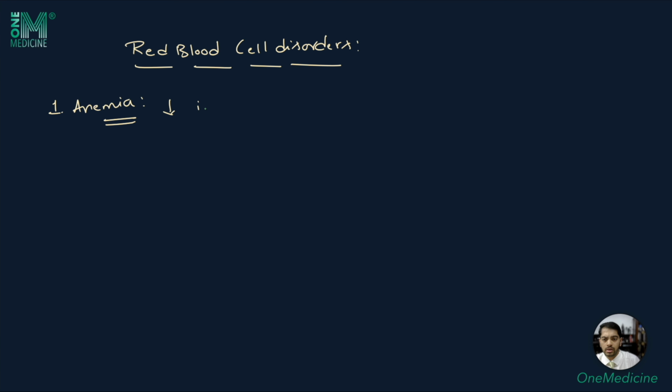Let's look at red blood cell disorders. In this part, we'll try to get an overview of all the red blood cell disorders, and we'll delve into each of these topics in further parts of the video. So first is anemia. This is reduction in hemoglobin for that age and gender.